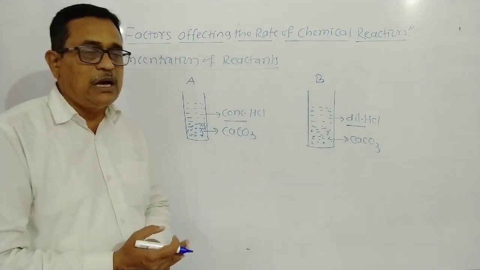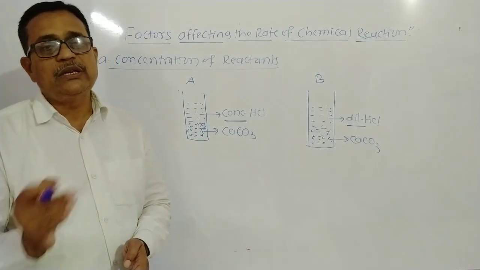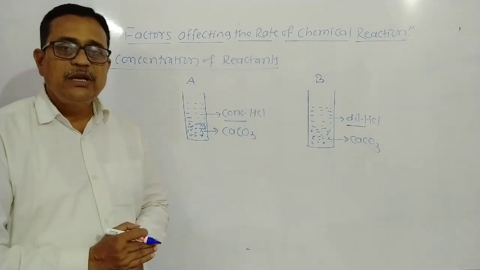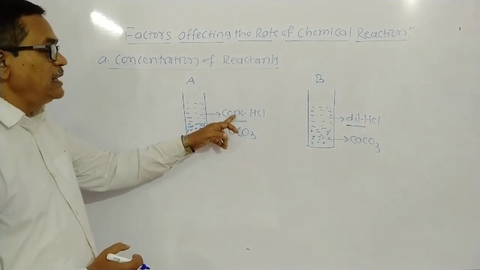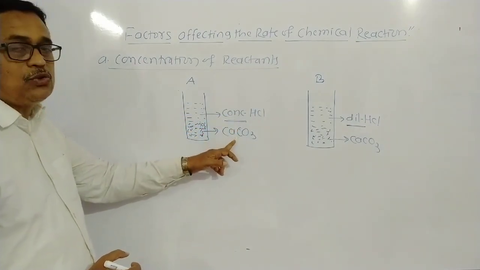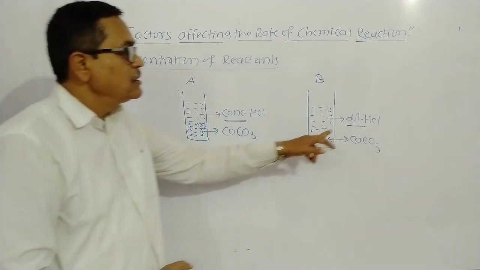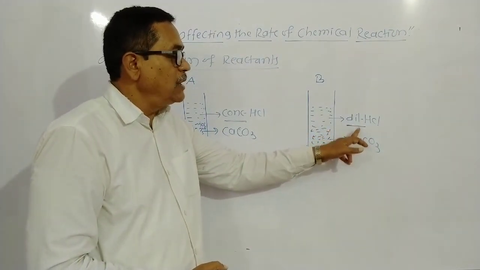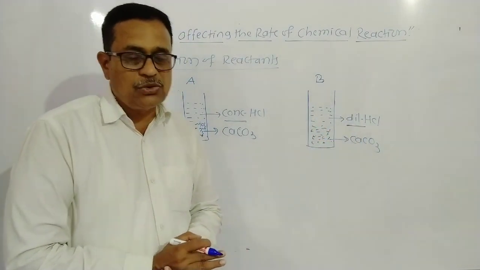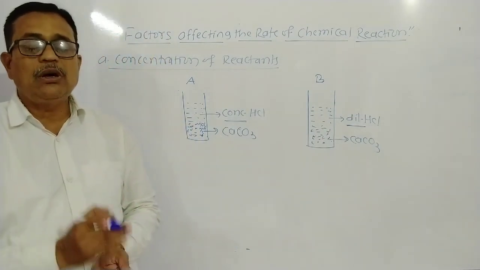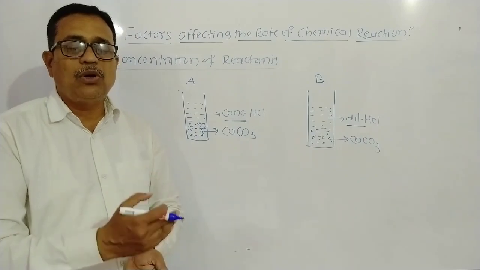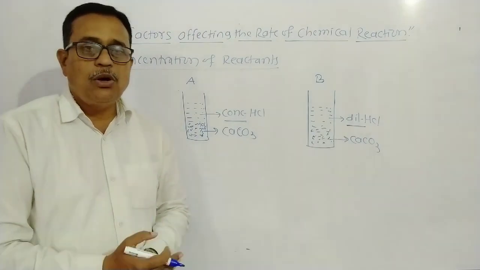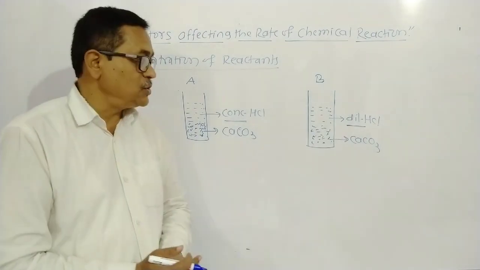So the reaction between concentrated HCl and CaCO3 takes place faster than the reaction between dilute HCl and CaCO3. Hence, concentration of reactant plays a very important role in the speed, or rate, of chemical reaction.